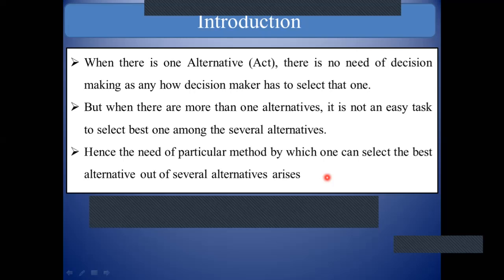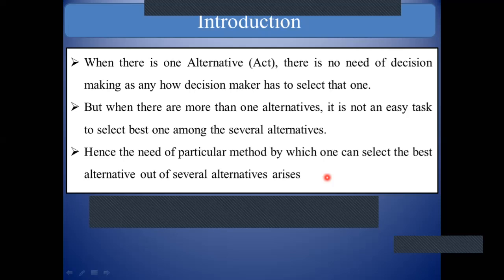For that purpose, we require decision theory. So the meaning of decision theory is very clear: decision theory is a technique or a statistical tool by which a decision maker can select the best option out of several alternatives. Now it is very clear to you also.